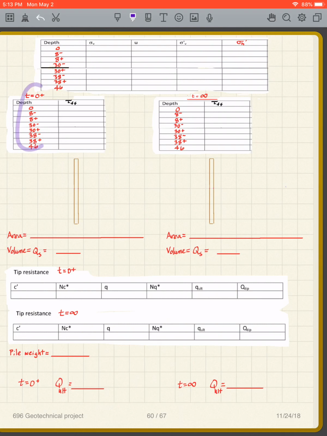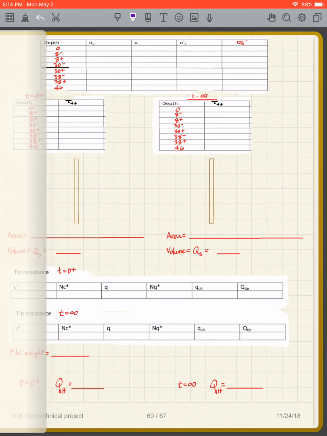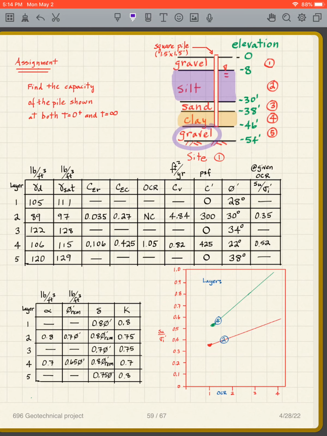And again, I have the t equals 0 plus situation and the t equals infinity situation. You can plot them on this pile here, get the areas and the volumes, and that's going to give you your Q side under the two different situations. And then you have the tip resistance. Now you have to pay attention, because we're in this gravel here, which is layer 5.